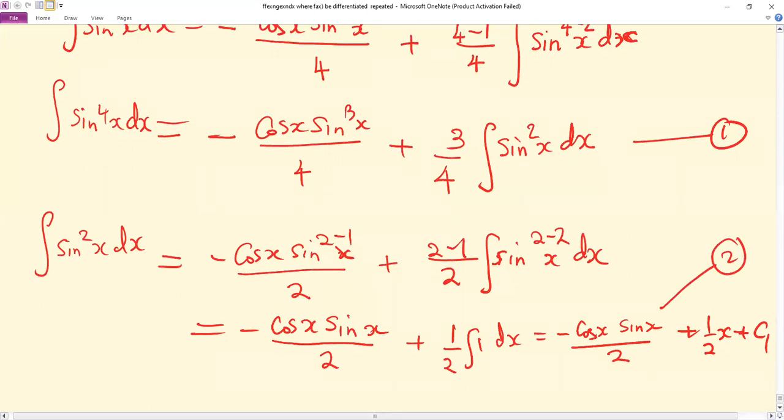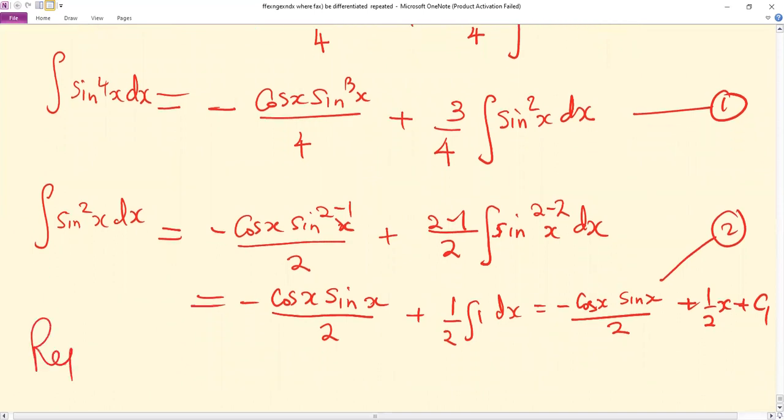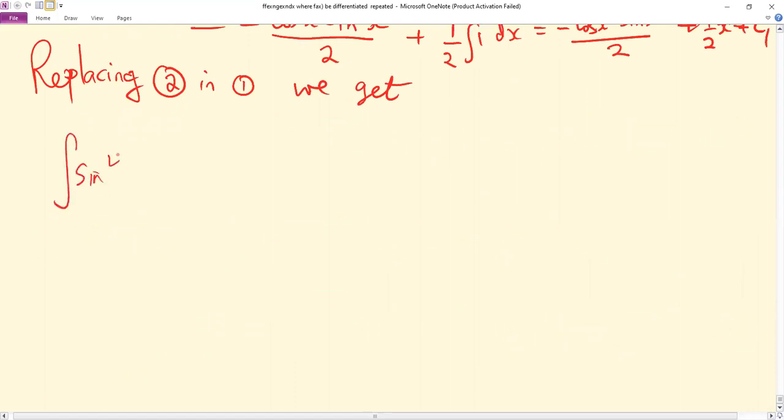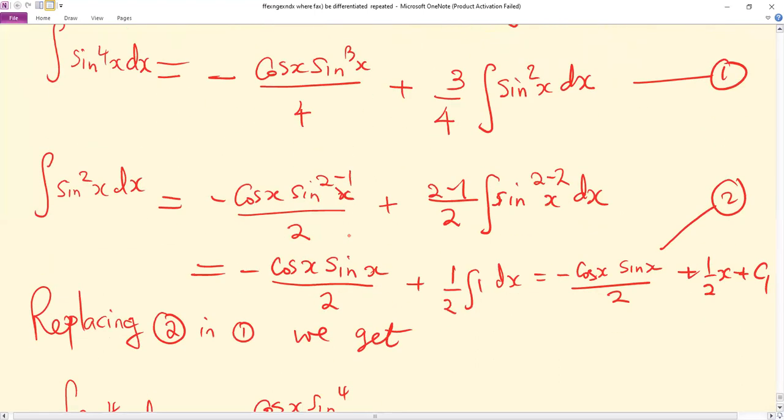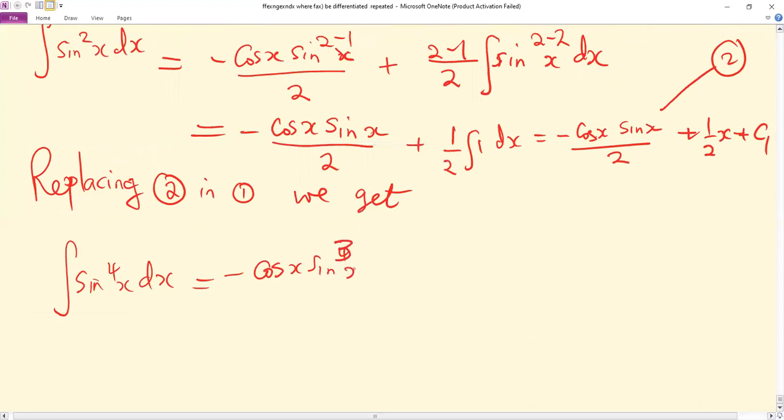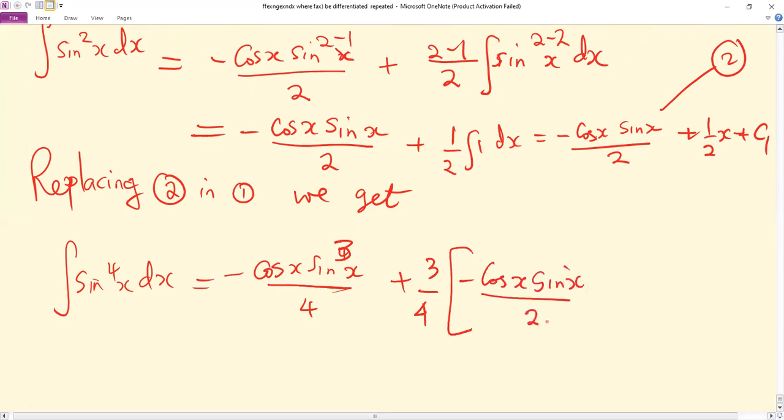So the answer will be simply to replace 2 in 1. Replacing 2 in 1, we get the integral of sine power 4 x dx: the first term is minus cos x sine power 3 x over 4 plus 3 over 4 times negative cos x sine x divided by 2 plus a half x plus C1.